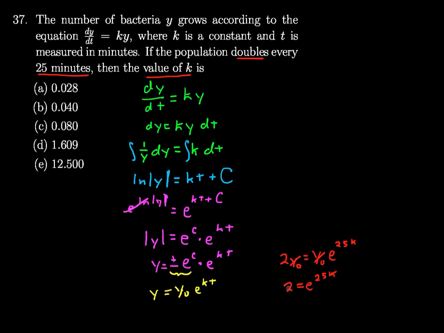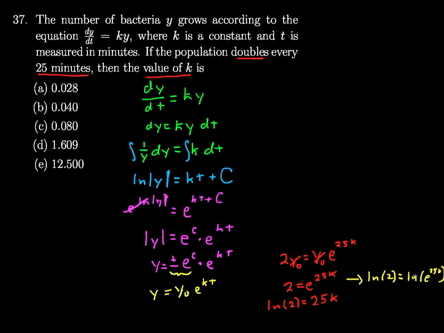And now I have to cancel out an e to a power, so I can do that by taking the natural log of both sides. And so I will get the natural log of 2 will equal 25k. If you don't see that right away, what's actually happening is I'm taking the natural log of 2, and I'm saying that's equal to the natural log of e to the 25k.